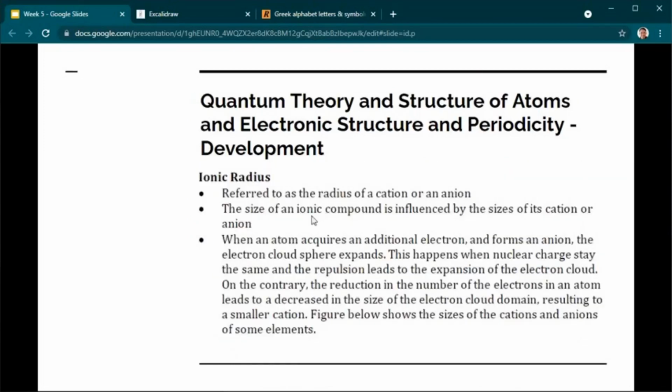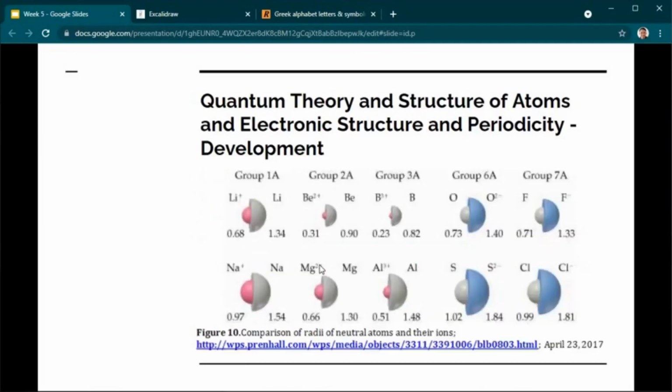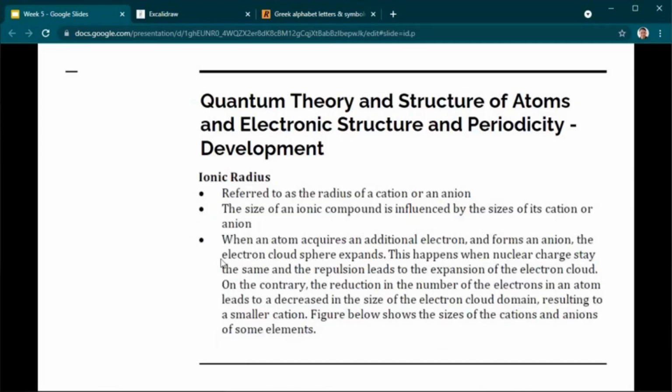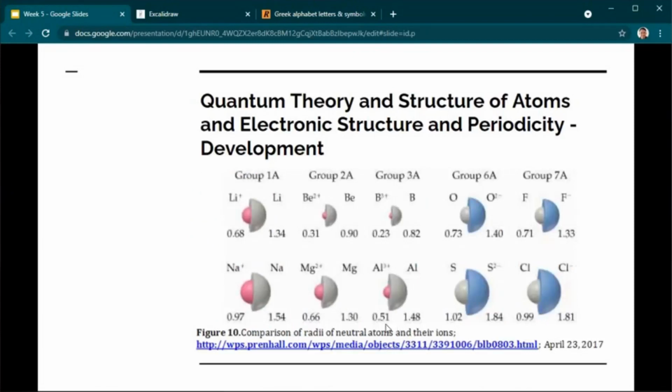So the pattern for ionic radius in the periodic table of elements is not stated, but 1A, 2A, 3A.